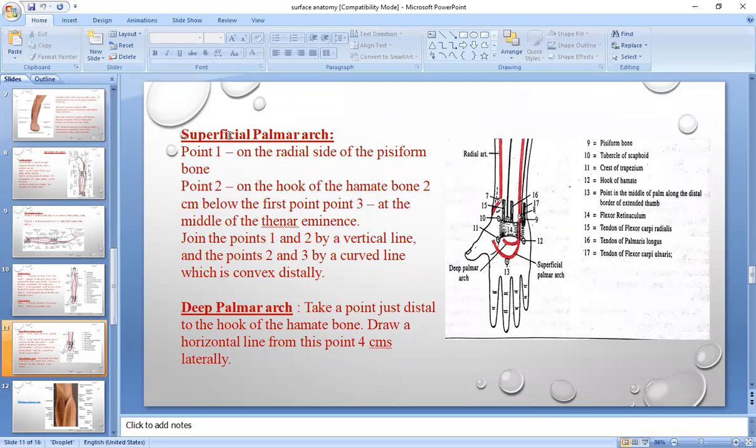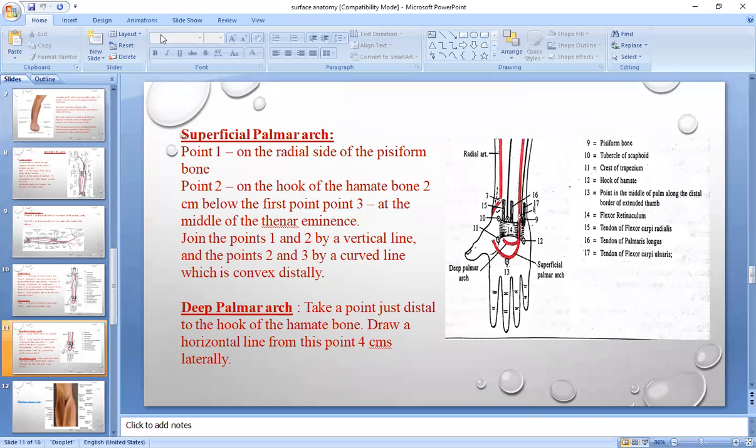Then coming to the superficial palmar arch. For the superficial palmar arch, you should give a point on the radial side of the pisiform bone. Once you identify the pisiform bone, radial side means lateral to the pisiform bone, give a point. Then the second point on the hook of the hamate, that is just 2 centimeters below the pisiform bone.